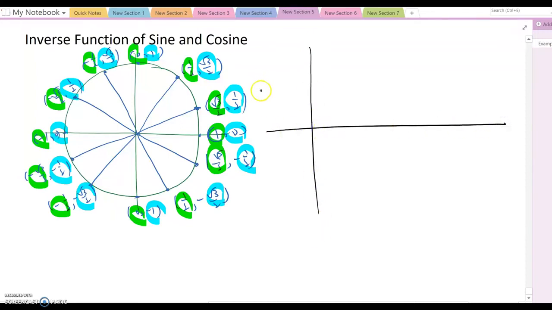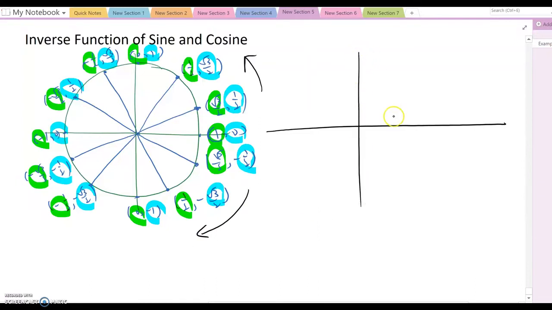So basically, this direction is positive sine x, this direction is negative sine x here. So I may draw this one more like center, and the key points are this one, and this one, and this one, this one, and then again here.